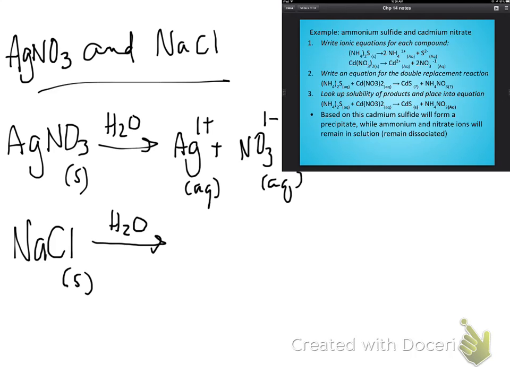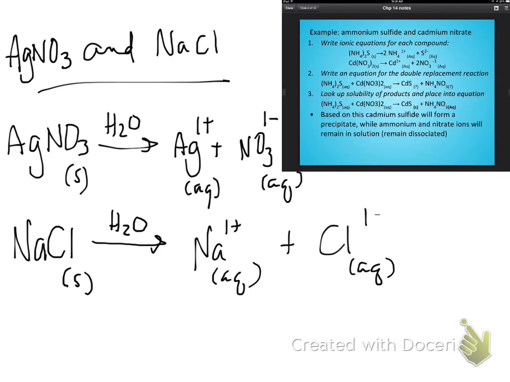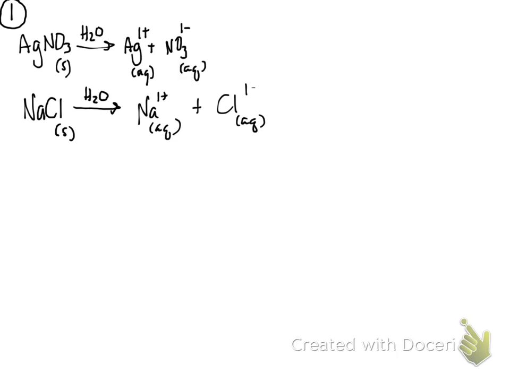Na1+, aqueous. And what's the other one? Cl 1-, also aqueous. Okay, we've written our two dissociation equations. This is our first step because we now know what's going into this whole kit and caboodle. That was step 1, just writing the dissociation equations for each of these things.